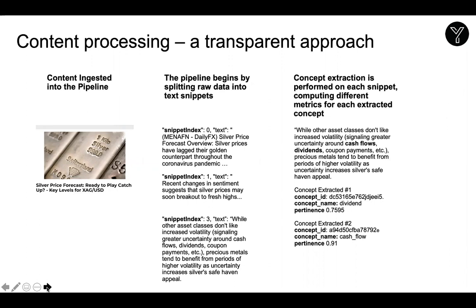If, for example, the term dividend had multiple different meanings, the concept ID is the thing that would enable us to understand which kind of dividend and what reference definition is associated with that word dividend, and help somebody find the correct answer. Then you can see we have a pertinence score. Every concept will always have a score to tell us the importance of that particular concept. The second concept we have here is cash flow. Again, it has a concept ID in case there is a potential other meaning, and again, it has a pertinence score.